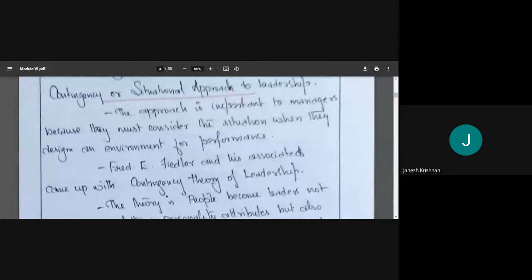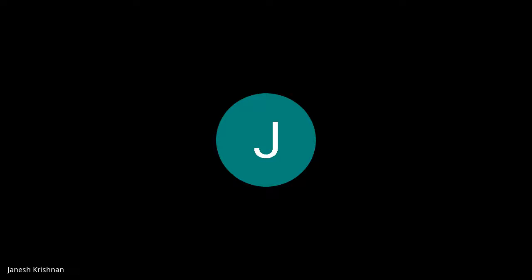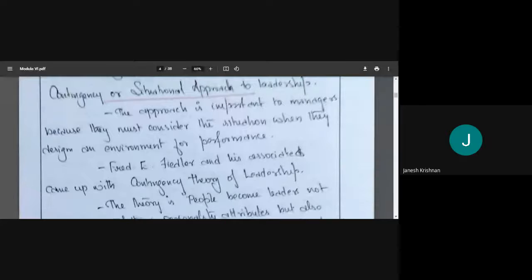So the next thing which we saw was what are the different approaches to leadership, right? How can we identify a leader? So first was the trait approach, okay? And what is the trait approach?